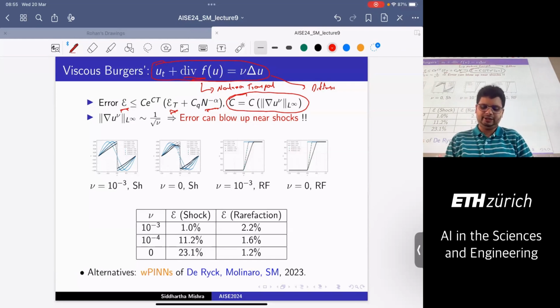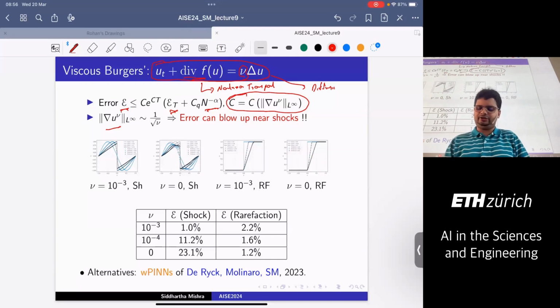And the gradient of the velocity, unlike the vorticity, we know that it behaves like 1 over square root of this nu, which measures the strength of the diffusion. So if nu is 1, this is order of 1. But if nu is 10 to the power minus 8, then this is 10 to the power 4. It's a large number.